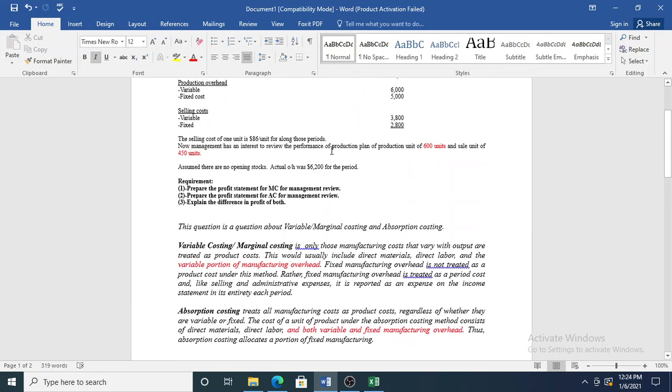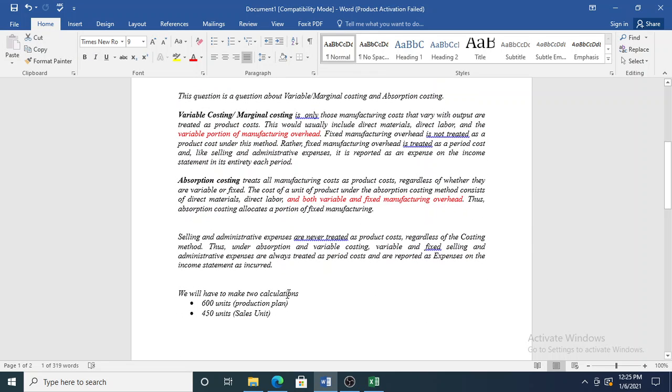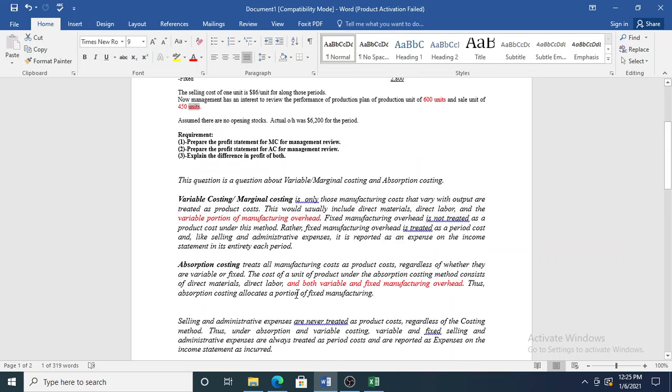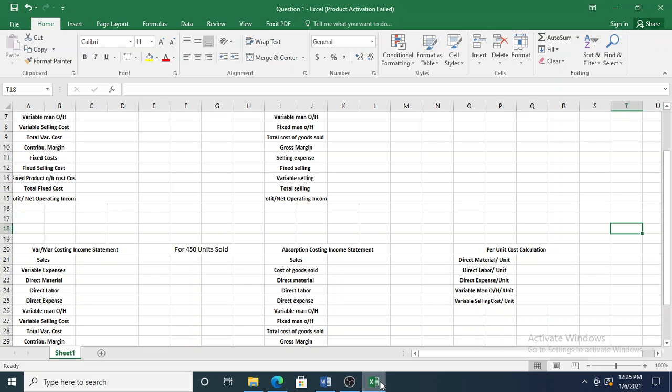And we also have a sales unit of 450 units. So we have to make two calculations: one for 600 units, the production plan, and the other for 450 units, the sales unit. And the selling price is $86 per unit. This will come in handy when we do the calculation. And we're required to find these three, and we will start calculating now.